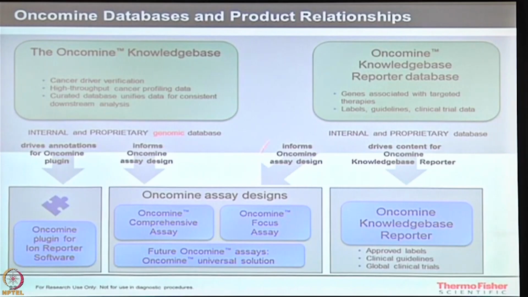Okay? And with that, you have an interface called the Oncomine Knowledge Base Reporter interface. Okay? So now what happens over here? It has lots of information on your variants, called cancer driver information. Okay, this driver information is correlated with different drugs information.